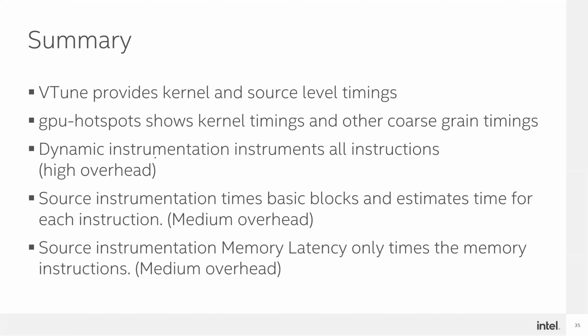The full dynamic instrumentation has very high overhead, so it's just for information, I would say, to see where something is happening. The source instrumentation might be better to do real benchmarks, but it does estimates for the time of each instruction. And I forgot to show you the assembly.